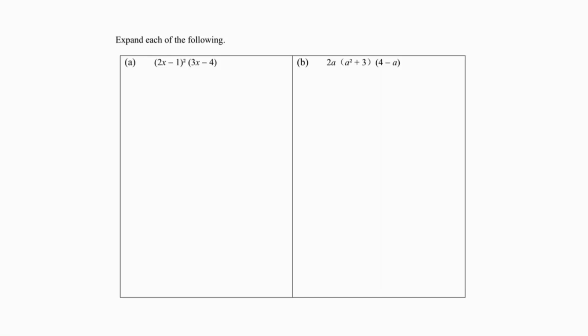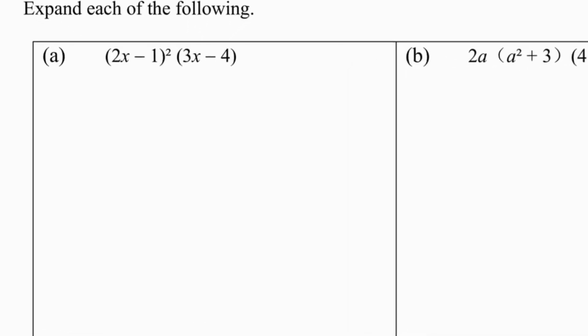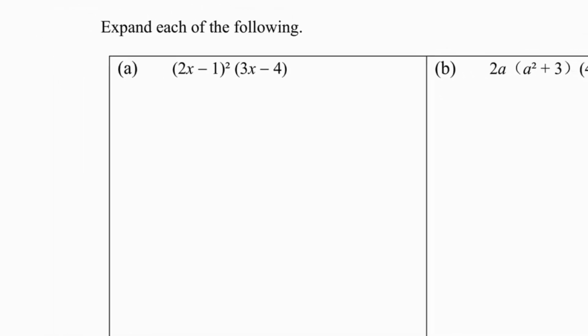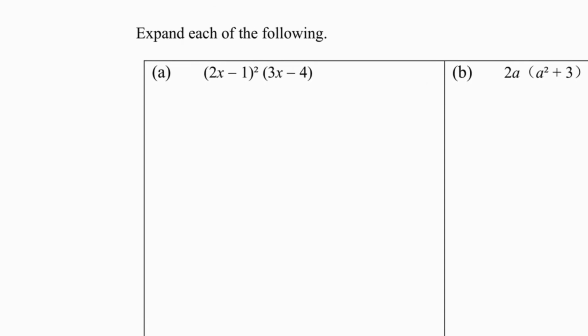Hello everyone, welcome to this question where we are going to expand and simplify the following. And if we do see cases where we could apply special product, it is recommended that we do so. So in this case here, we do see that for part A, we can apply for this particular bracket here.